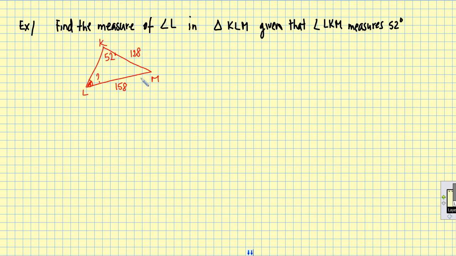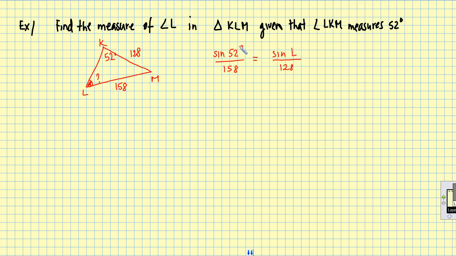So given the information that I have, I can say that the sine of 52 degrees divided by its opposite side, which is 158, should have the same ratio as the sine of angle L divided by its opposite side, which is 128.